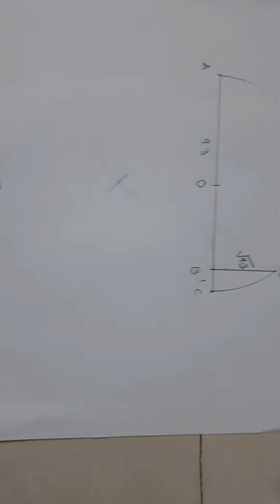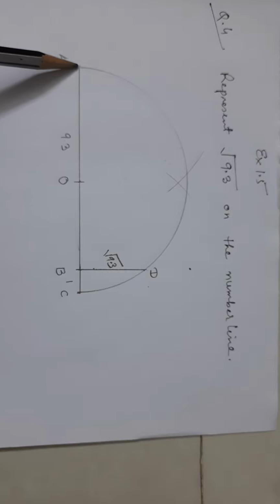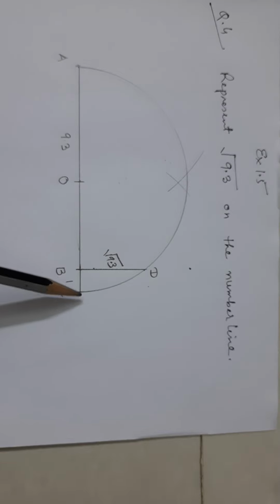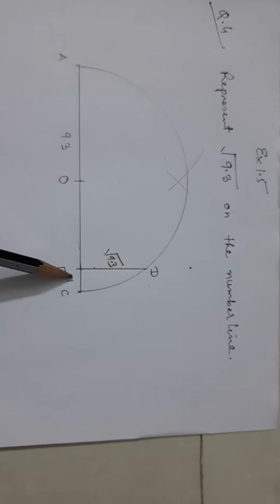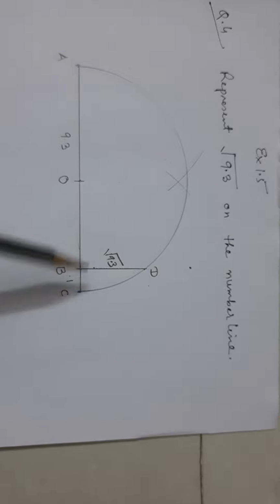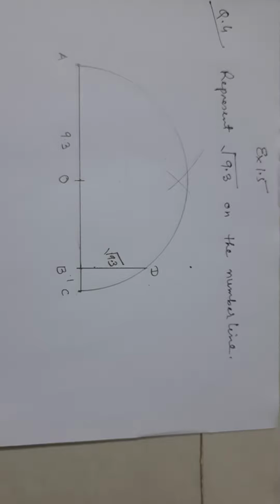So let us just repeat what we did. We are taking length AB as 9.3. From B to C we take 1 centimeter. Then we find the midpoint of AC, that is O, by constructing the perpendicular bisector, of course, of AC, because for AC we want a midpoint.